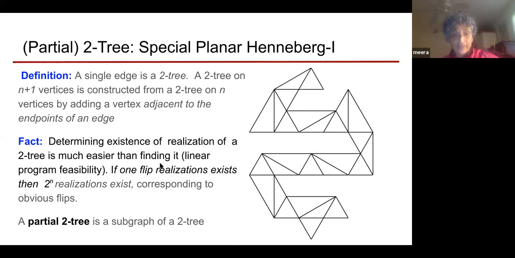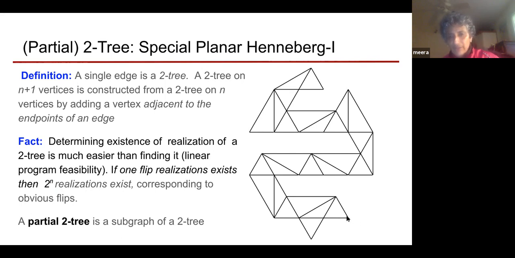So the existence of a realization of a 2 tree is, of course, much easier because when we add a vertex, we don't even have to specify which side the vertex lies on. For Henneberg 1, you have to do that because depending on which side you put it, further constructions may or may not be possible. In this case, if there's a solution on one side, then there's certainly a solution on the other side as well. So the number of solutions is actually 2 to the n, and it's simple.